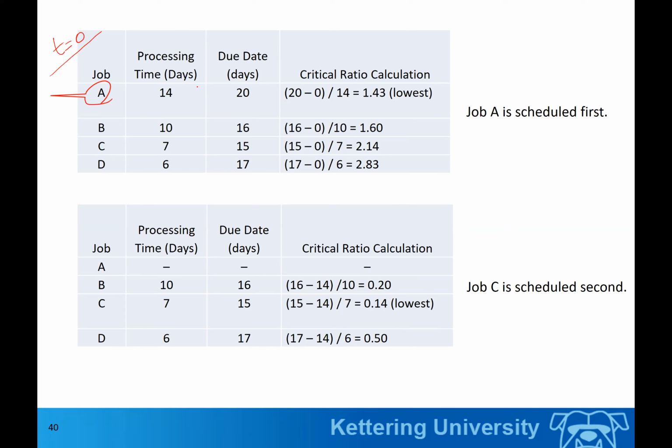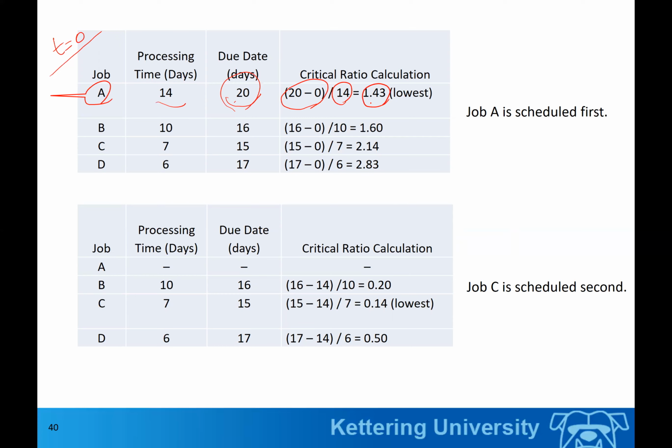If I start at time 0, how much time do I have to the due date of job A? 20 units, okay? Do you agree that it will take 14 units of time to process this job? So 20 minus 0 is 20, let's say, days that I have. Divided by processing time, it gives me a ratio of 1.43.